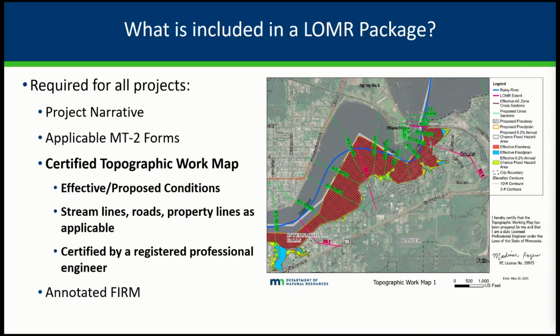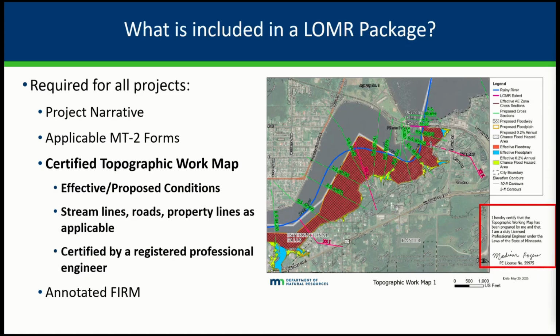The certified topographic work map is a requirement for all letter of map revision requests, and it needs to include the effective and proposed boundaries, the revision extents, cross-sections, streamlines, roads, and property lines. They want all of the data that's applicable to reviewing a project on here. It also needs to be certified by a registered professional engineer.